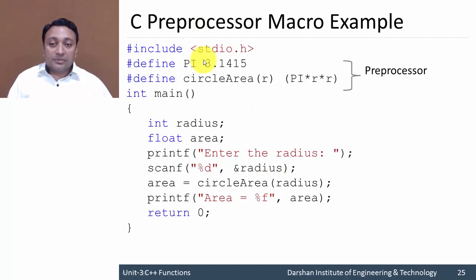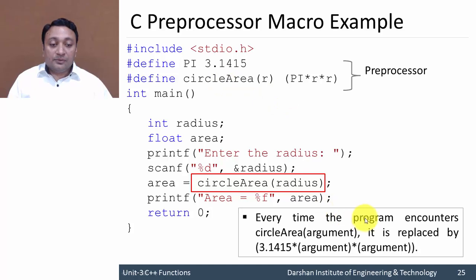So here pi and circle area are preprocessors. Every time the program encounters circle area and argument in the main program, it will be replaced by this definition, that is 3.1415 into argument into argument.